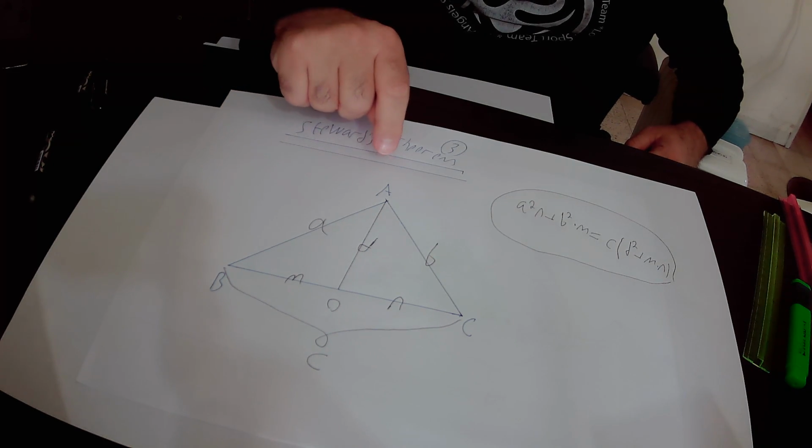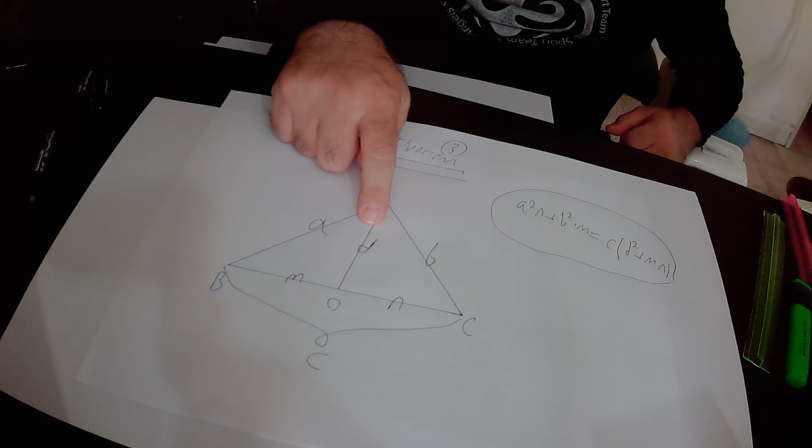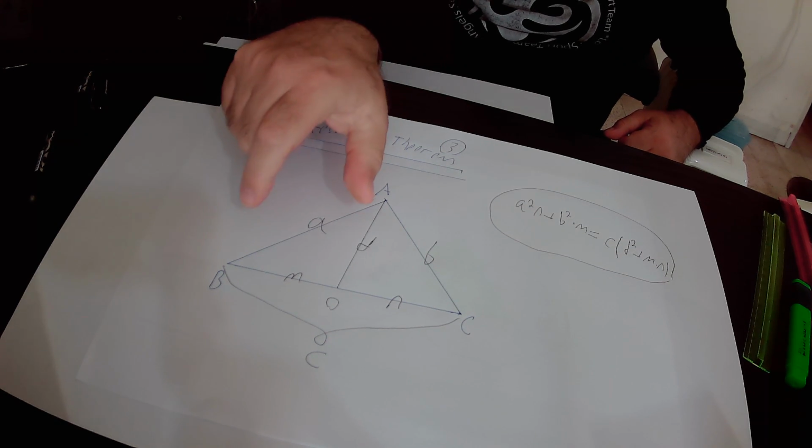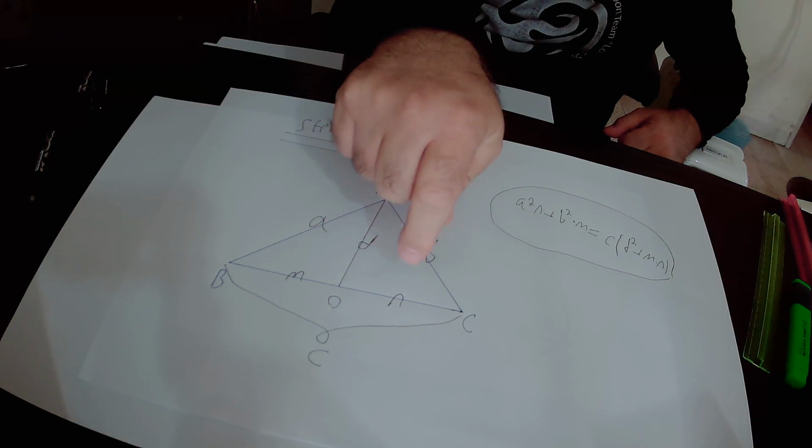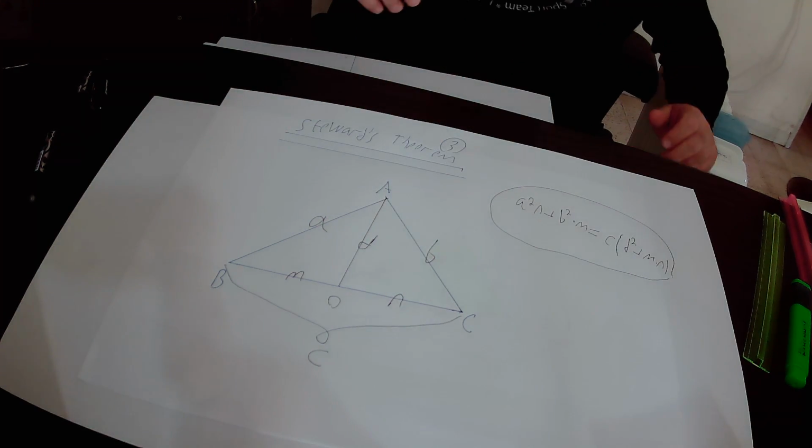Line segment AO equals d units, line segment BO equals m units, and finally line segment OC equals n units in its length.